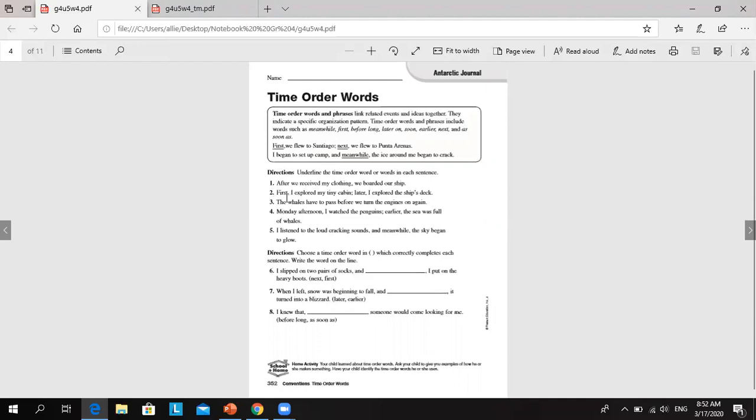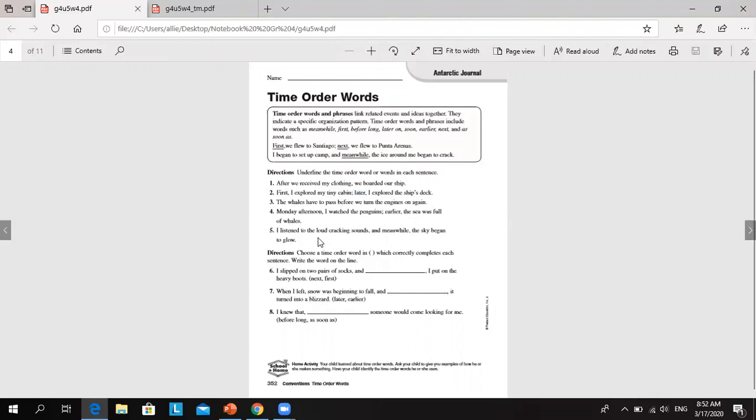Secondly, "First I explored my tiny cabin, later I explored the ship's deck." The two words first and later tell us a little more about how the events took place. First, the person explored the cabin, and thereafter he went up to the deck and explored what was on the deck. So the two words showing us time are first and later.